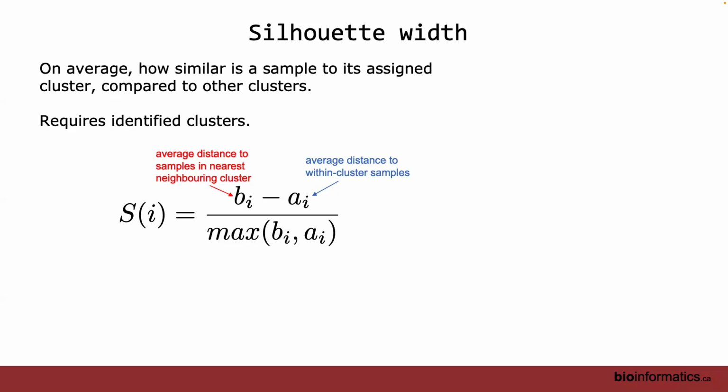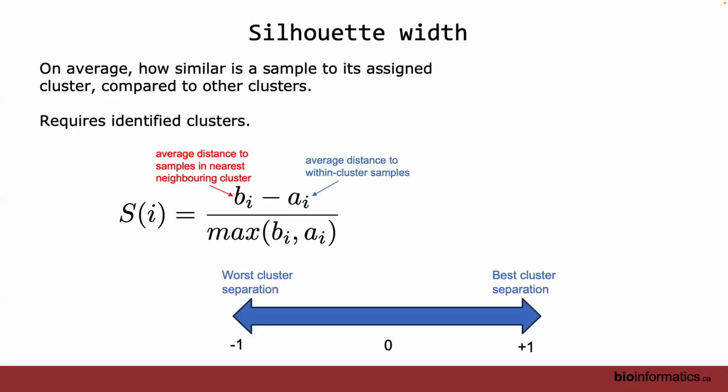If you have a data point, and on average it's closer to things within its cluster compared to things in other clusters, and that's true in general of your setup, then your clustering scheme is finding tight, separated clusters. But if your cluster assignment is messy, then you're going to have things that are closer to things in other clusters. That means your clustering isn't good. You have to cluster it better.